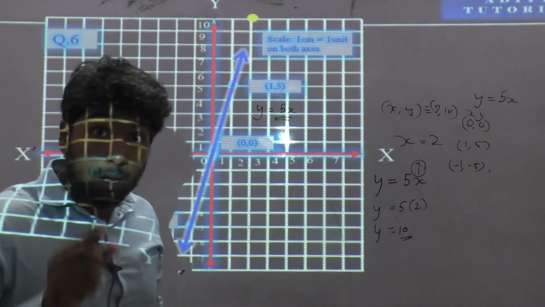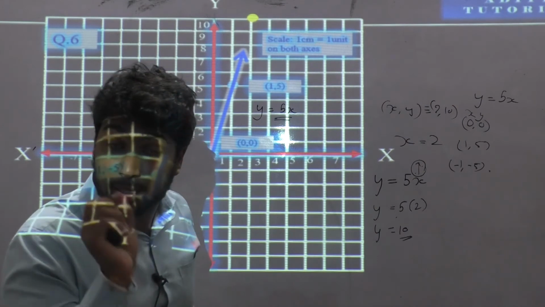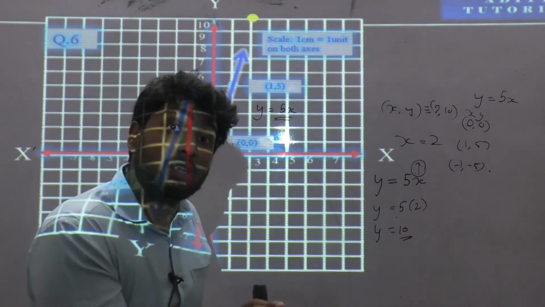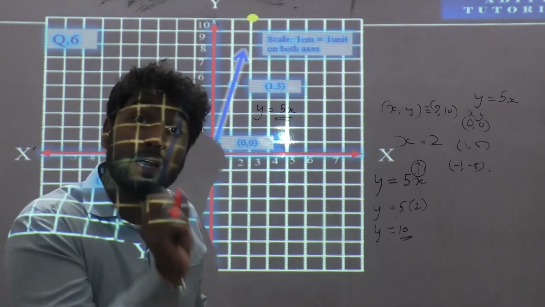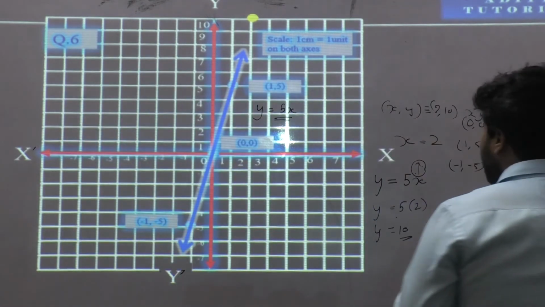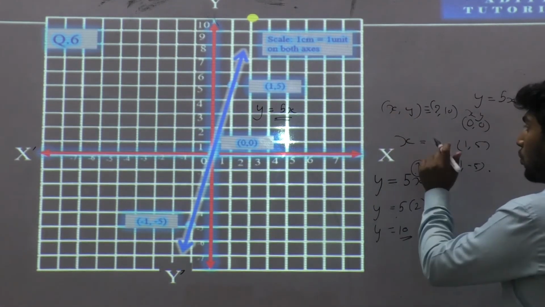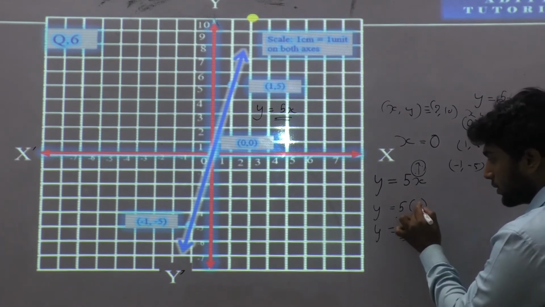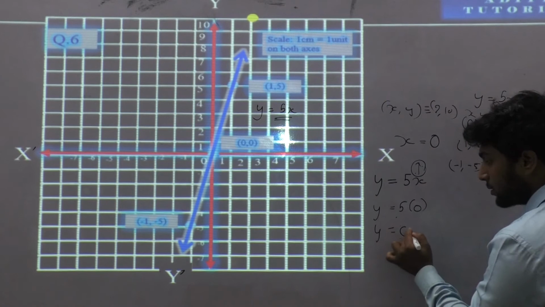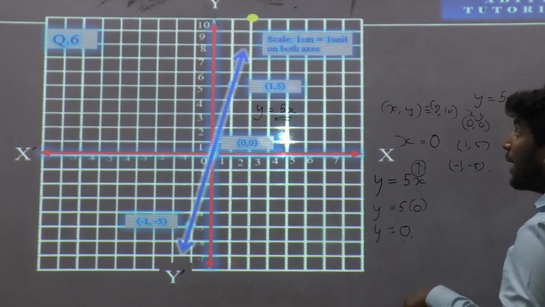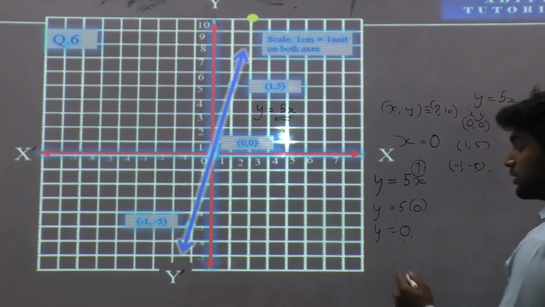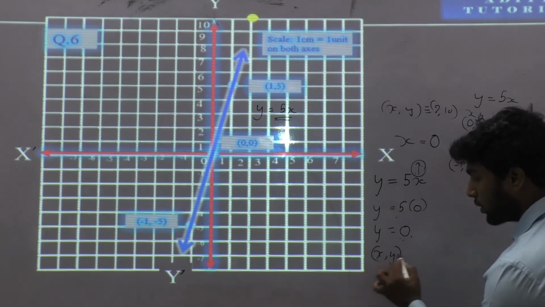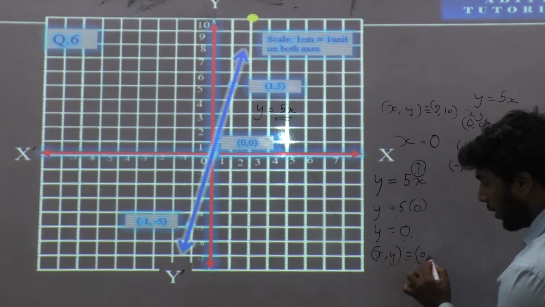The second one is given. First, the distance traveled is 2 units, and in another case the distance traveled is 0 units. Now let's assume the value of x as 0. What will I get? 0. So when I am assuming the value of x as 0, I am getting y as 0. So the coordinate x comma y is x equal to 0, y equal to 0.